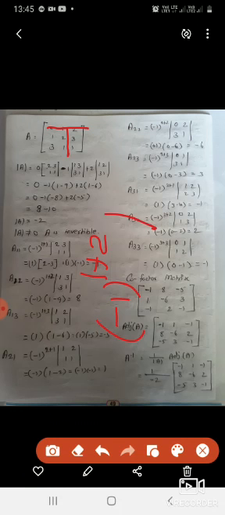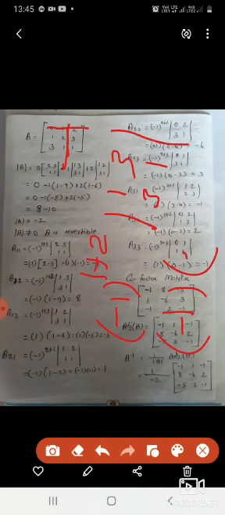So what is going to come? 1 3 3 1, second row. Minus 1 the whole power 3 is minus 1. Here 1 minus 9, that means minus 8, into minus 1, that is equal to 8.